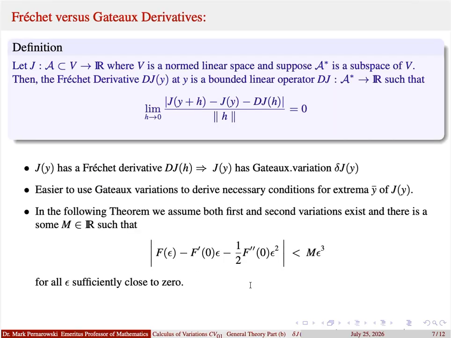Okay. So we know what a first variation is. There's this topic on Frechet versus Gâteau derivatives, and I'm not going to talk too much about it, but I'll just explain what the issue is. It's very analogous to having a function of two variables with partial derivatives at the origin that exist.